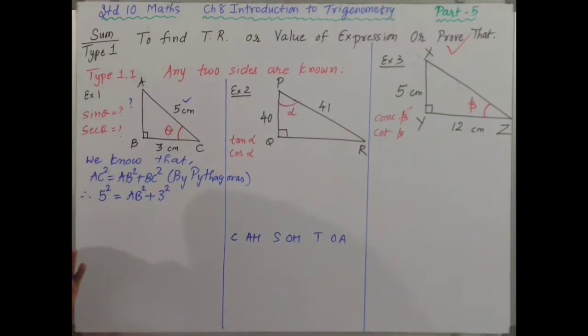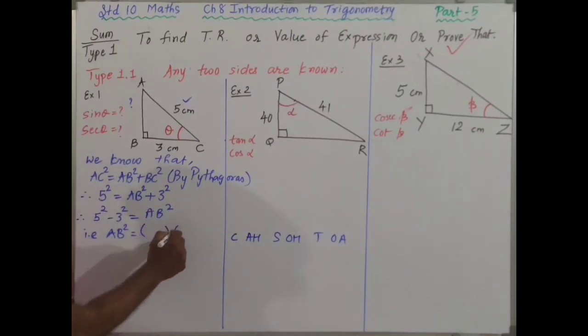But I'm not going to do it that way. I'm getting an opportunity to take the difference of squares. 5 square minus 3 square is equal to AB square. Now this is A square minus B square, so I'm going to use the factors A plus B, so 5 plus 3, and A minus B, so 5 minus 3. 5 plus 3 is 8 into 5 minus 3 is 2. 8 twos are 16.